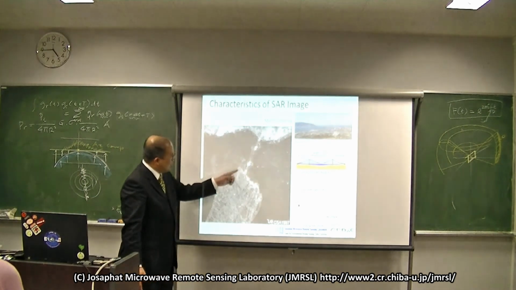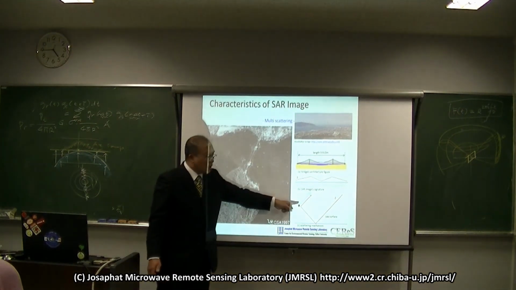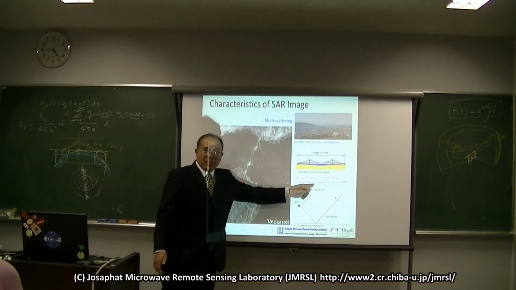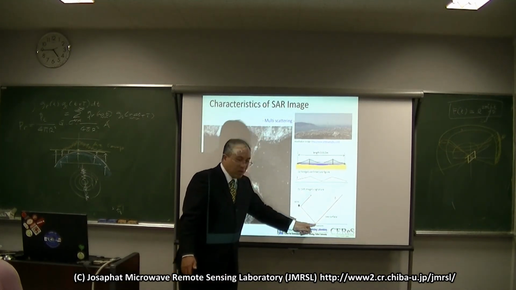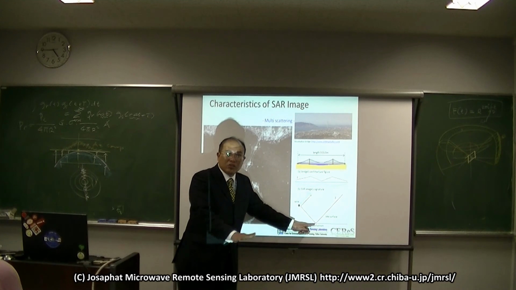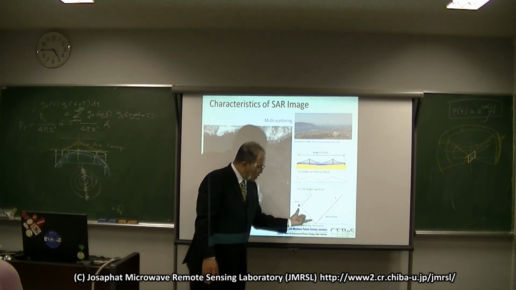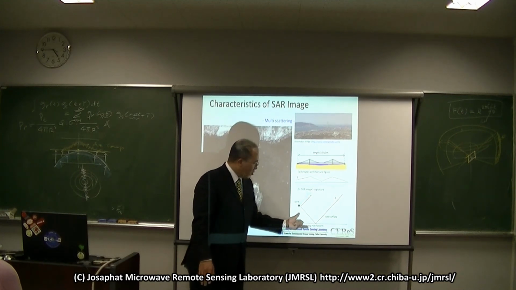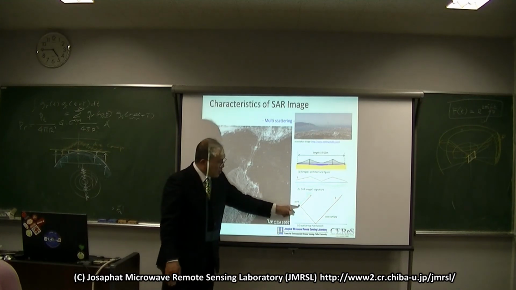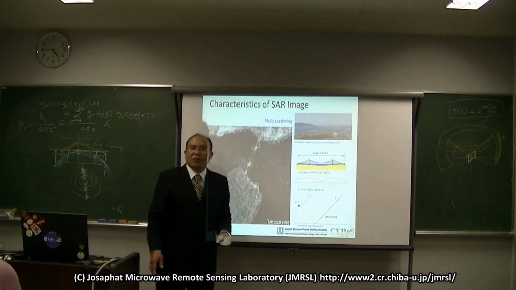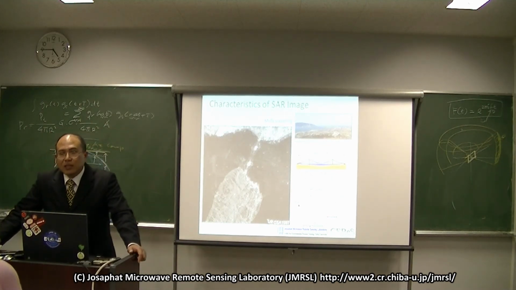The first scattering is this one, transmit and direct scattering. Then another one is the wave scattered by the sea surface, scattered by the wire and going back. So this line you can calculate, and from this line you can consider the height of the bridge.